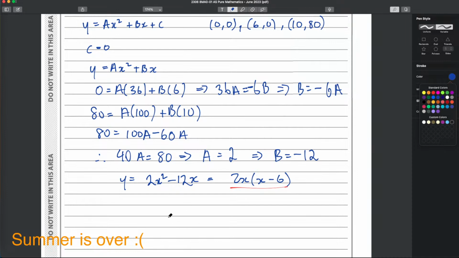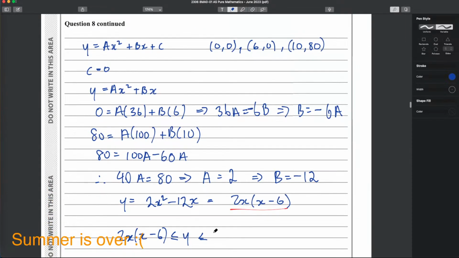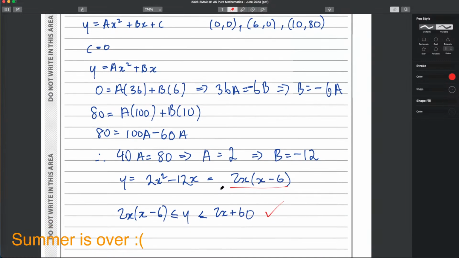So the correct answer there is y between 2x times (x minus 6) and less than 2x plus 60. So the straight line was fine. The quadratic we needed to do properly. Yes, that's right: 2x squared minus 12x plus 0. That's the one.